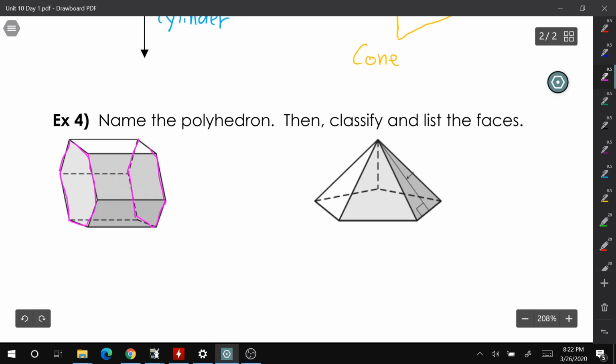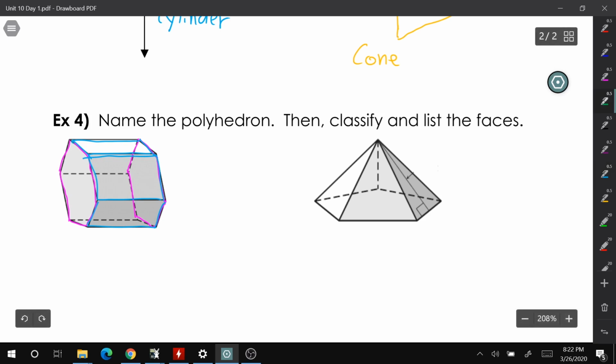You say, well, how come those are the bases? Remember, the definition of the polyhedron, or the prism, is that you have parallel bases and that the bases are connected by parallelograms. So you see we have parallelograms that connect the two bases that I drew in pink.